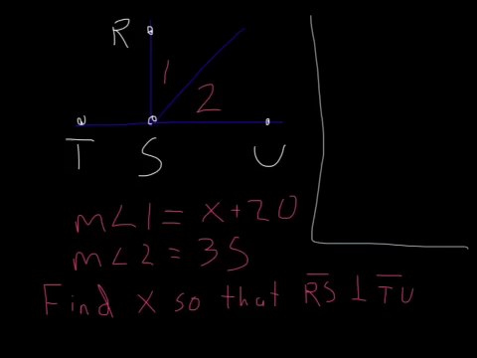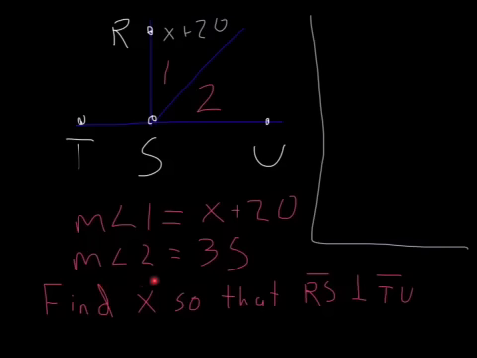Alright, let's do one more. Noticing this picture up here, we've got RS, and we've got another segment down here, TU. We've got angle 1, and we've also got angle 2. Let's look at our given information. They're telling us the measurement of angle 1 is x plus 20, so we know this angle here is x plus 20.